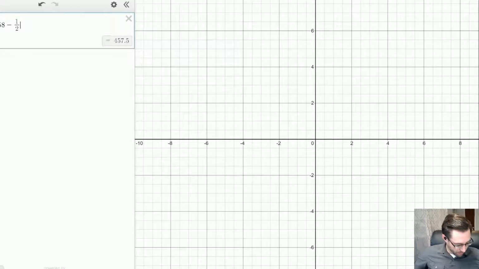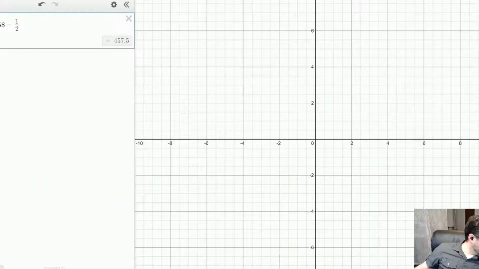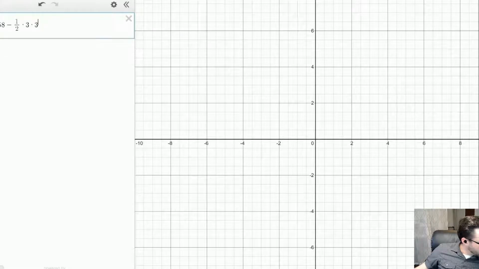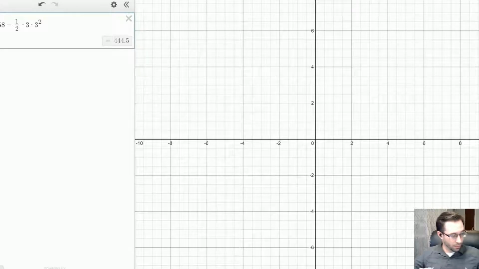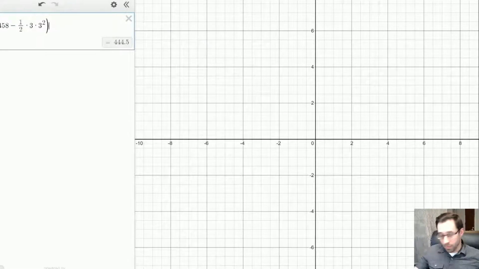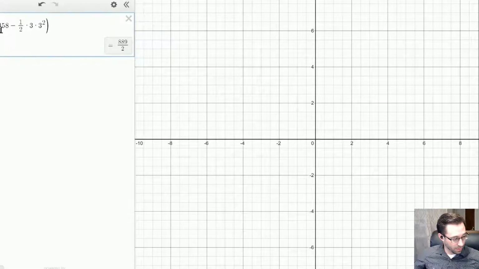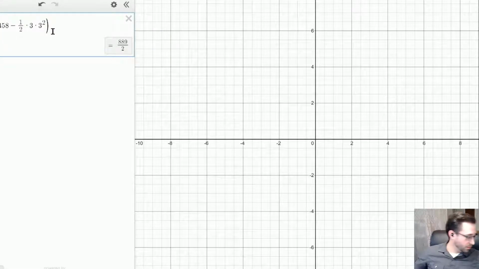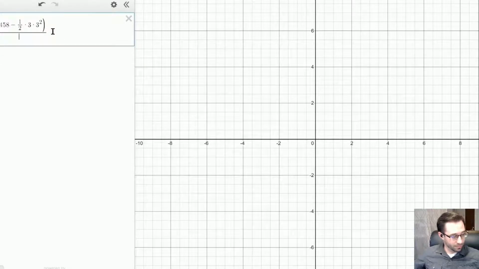Then I'm going to switch back. So 3 times 3 squared. Now, in order to get a fraction underneath all of it, if I do a closed parentheses after this, notice that it automatically puts an open parentheses, and it also gives you a suggestion. Then if I do divide, and then 3.